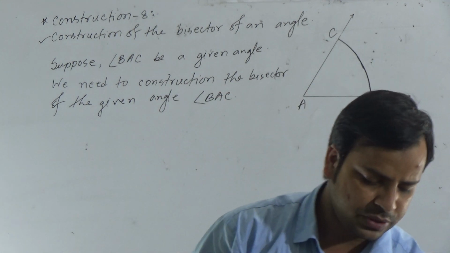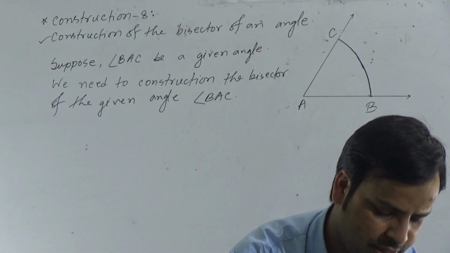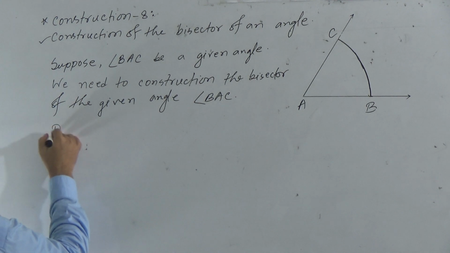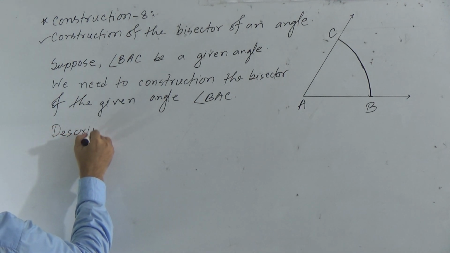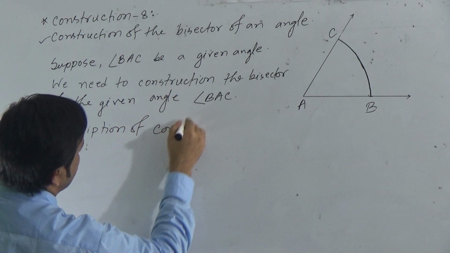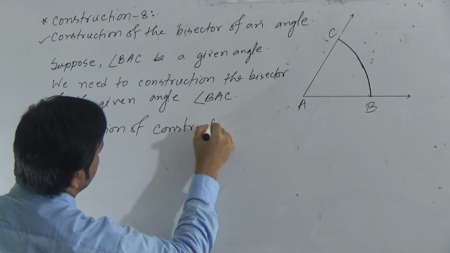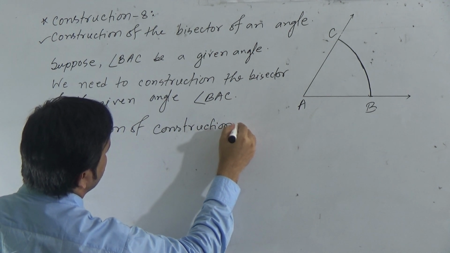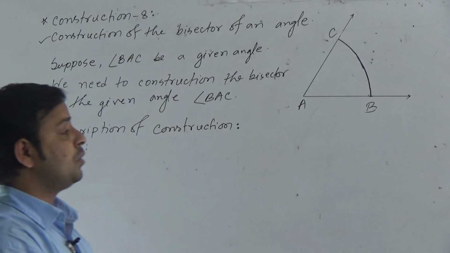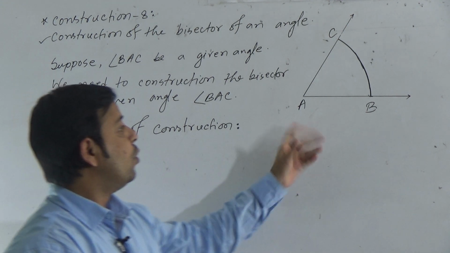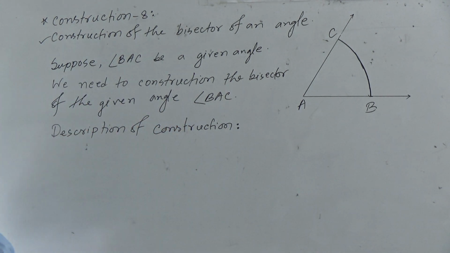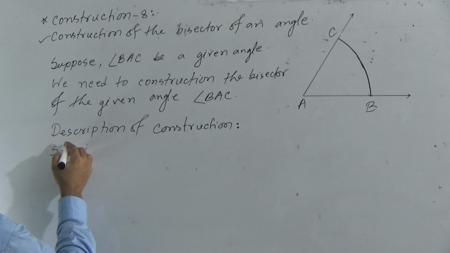So as we need to write the description of the construction, we can write here description of construction. To write the description of the construction, we have to remember what we draw at first, and write that at first. So we can write step 1.